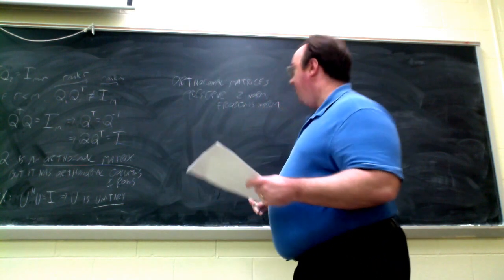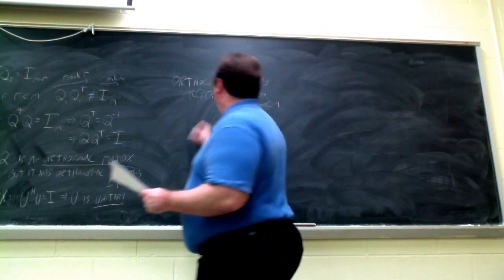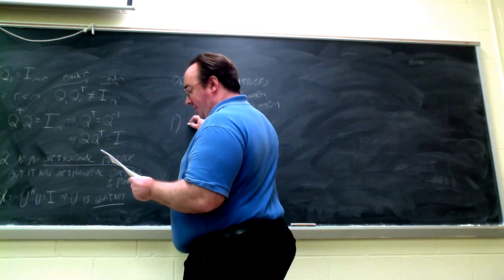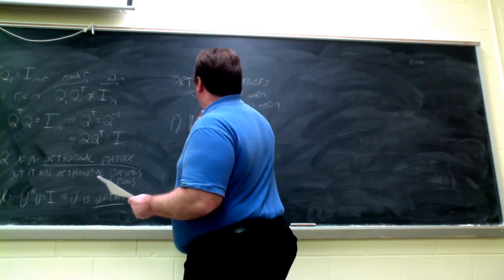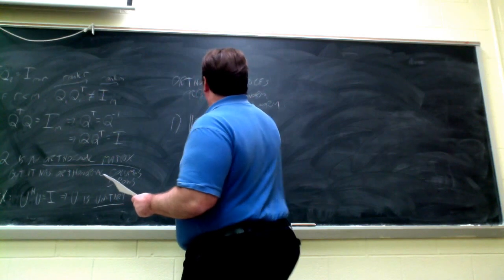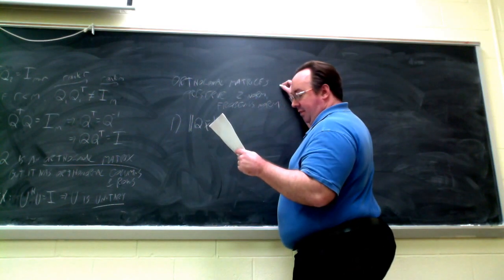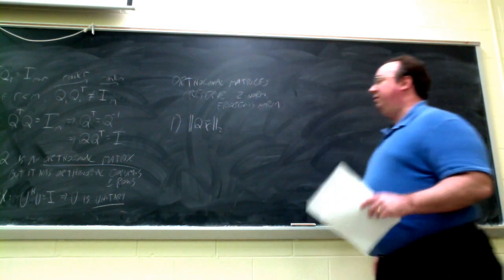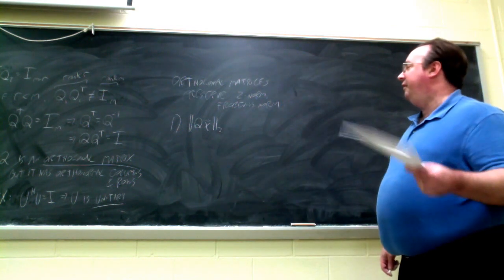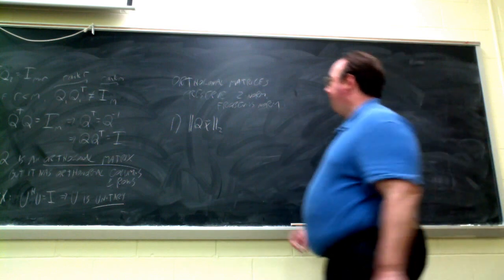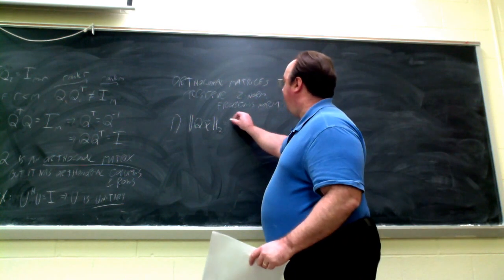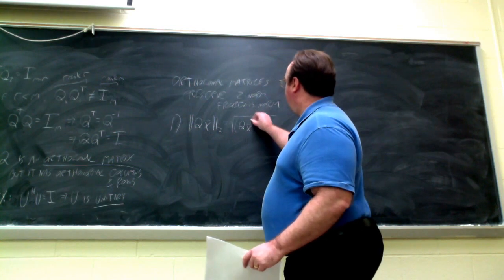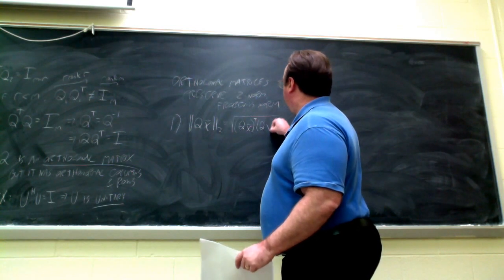What I mean by that is, first, if I take the vector 2 norm of the orthogonal matrix Q times any vector x, that would be the square root of (Qx) transpose Qx.